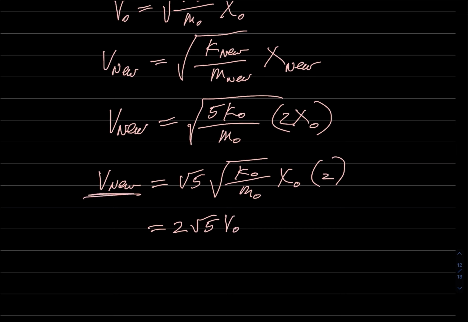So the new velocity is 2 times the square root of 5 times the old velocity. Once again, easy if you don't panic and just write it out.